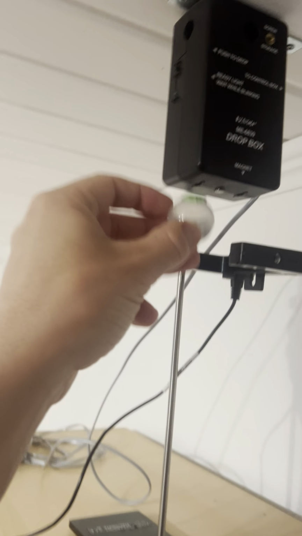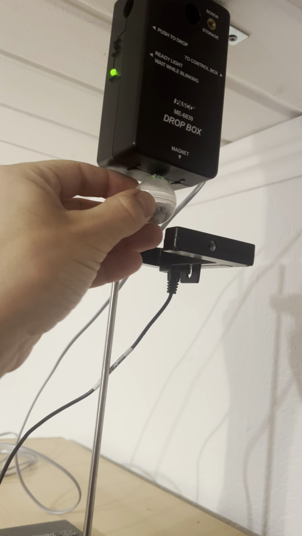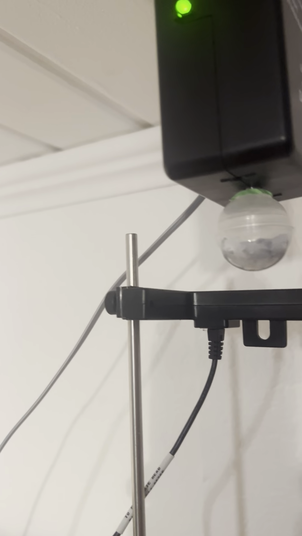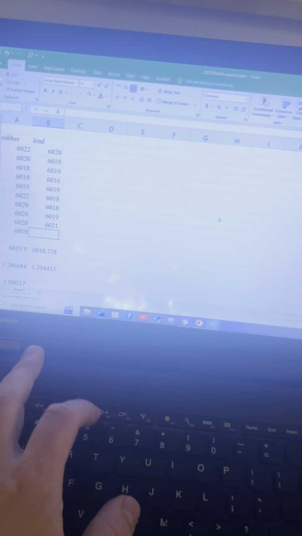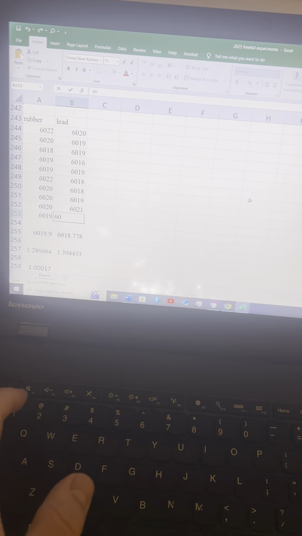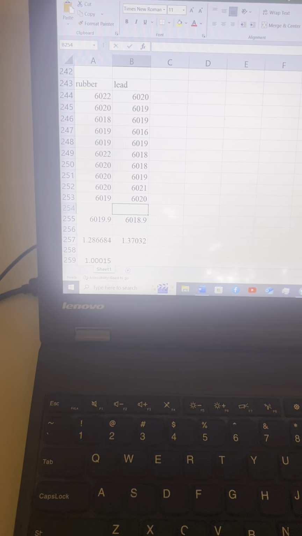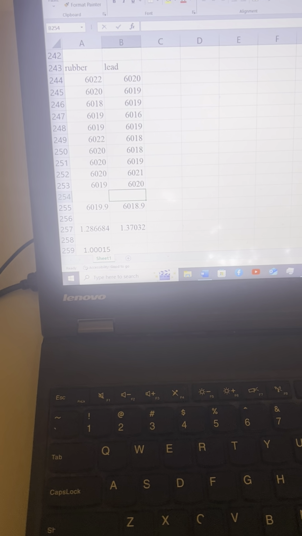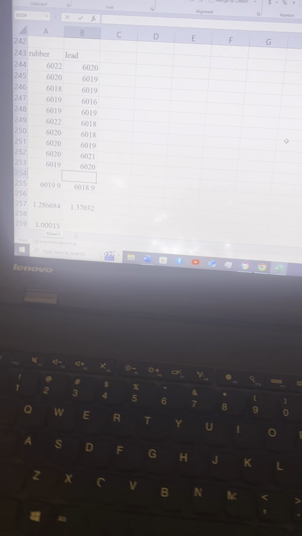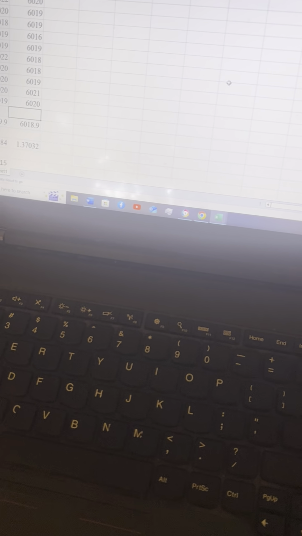I mean, if it's very far away from the others, then it's okay to measure again. 6.20. Okay, we have a difference of exactly 0.1 milliseconds. Yes.